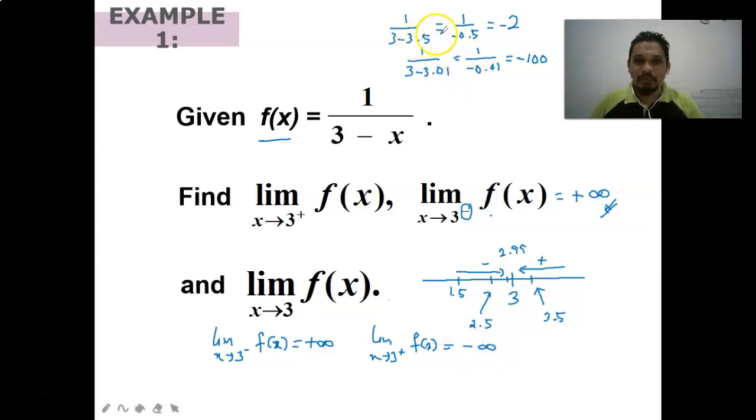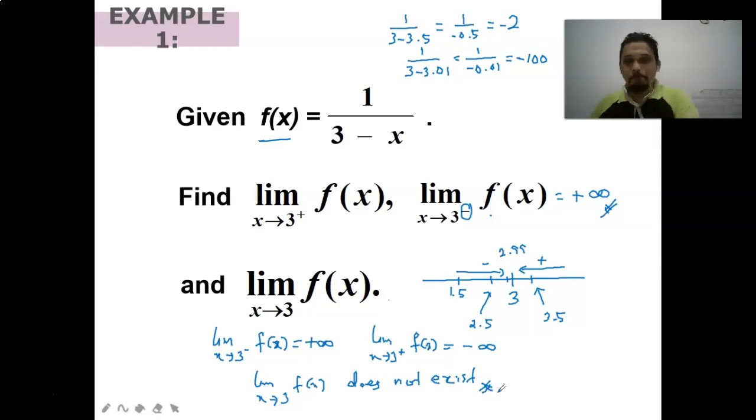When x is 3.5 it is negative 2, and when it's getting closer to 3, 3 minus 3.01 gives you negative 100. So it's getting bigger in magnitude. So what is the conclusion? The limit as x approaches 3 of the function f(x) does not exist.